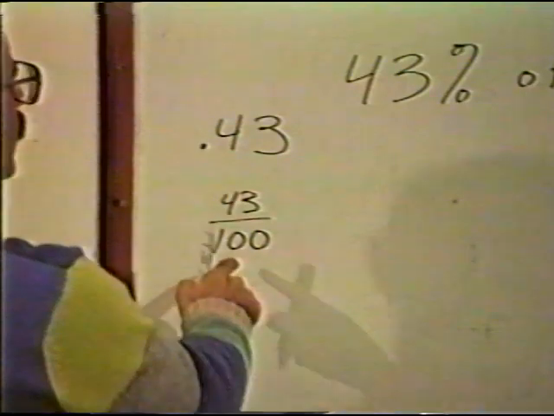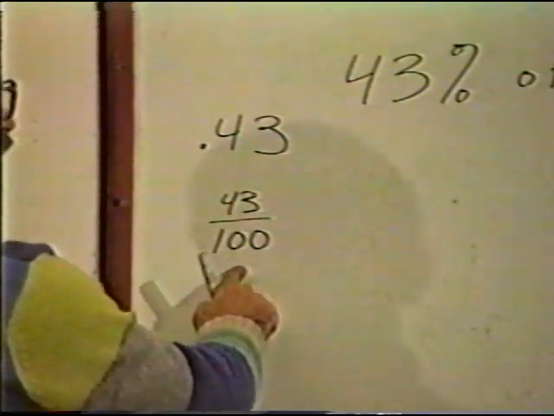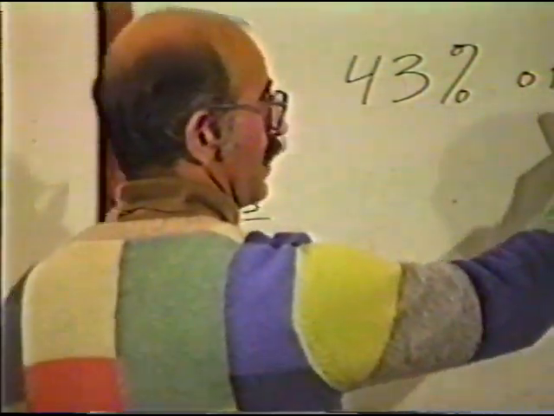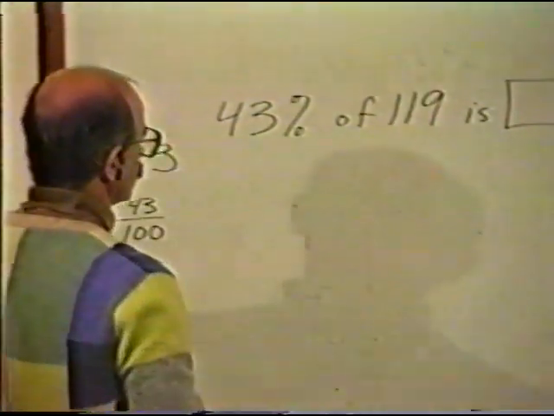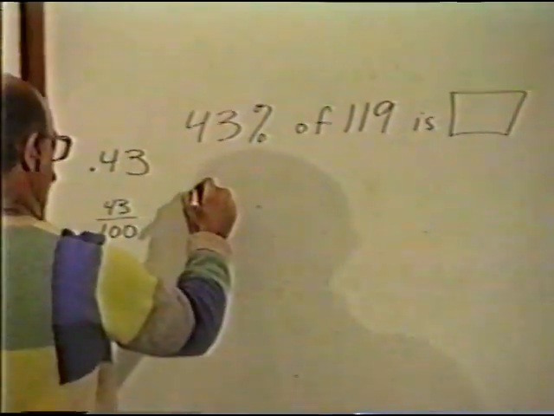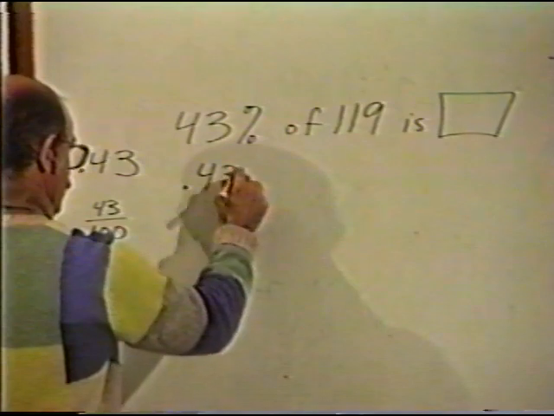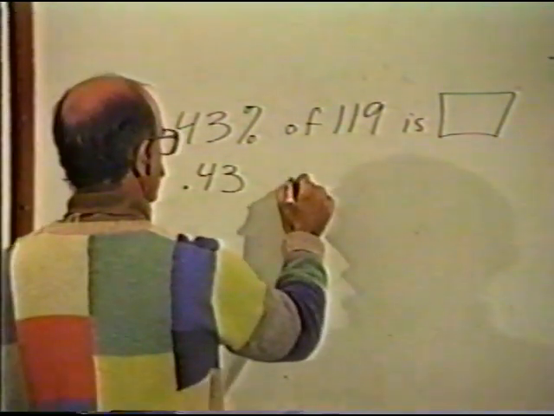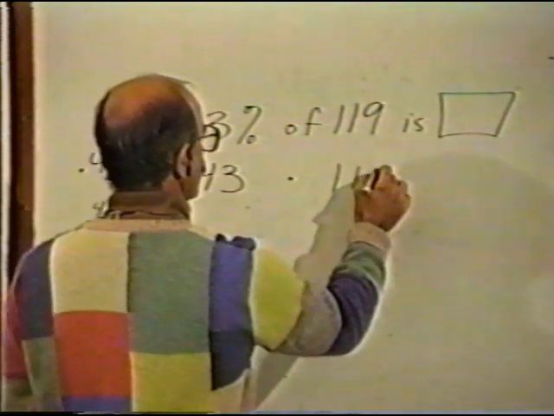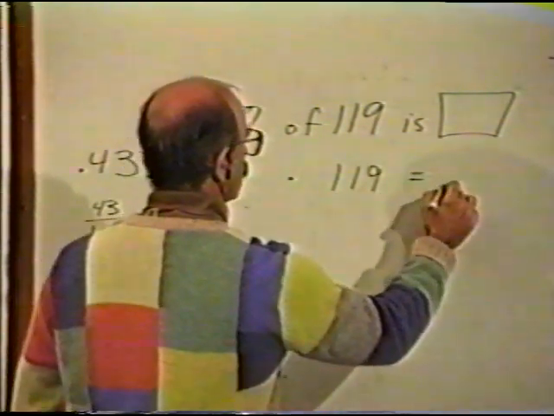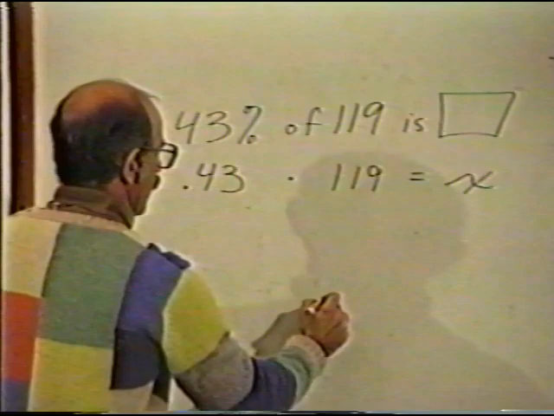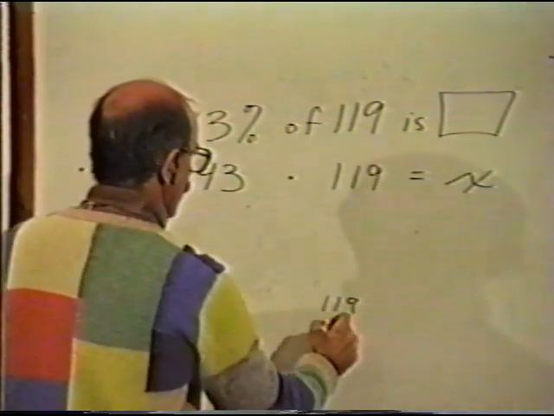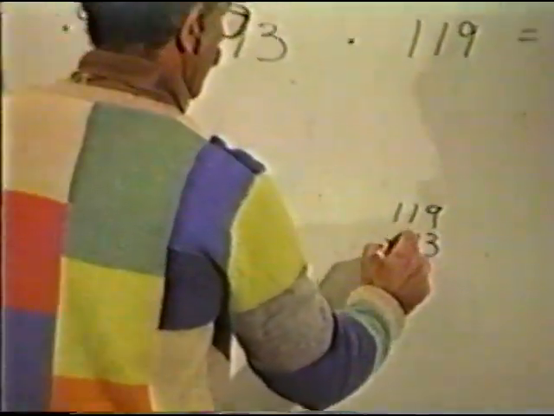No. If we use that fraction, can we cancel the 100 with the 119? No. So we're going to have to use the decimal. 0.43 times 119 equals x. And now we have to do that long multiplication.